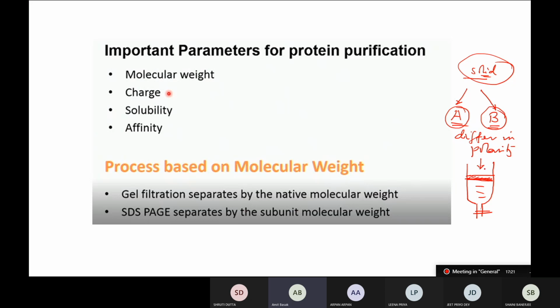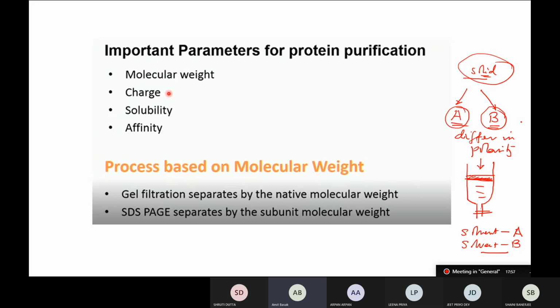There will always be a tussle. The solvent will try to take these compounds along with it as it goes down, but the solid will also have affinity for A and B. The solvent will interact with A and try to take compound A along with it, and so also the solvent will interact with B.